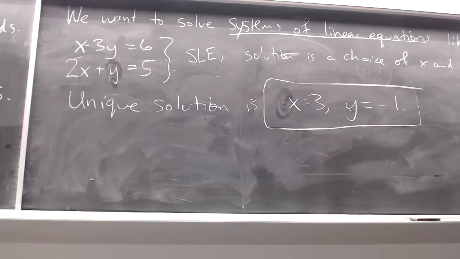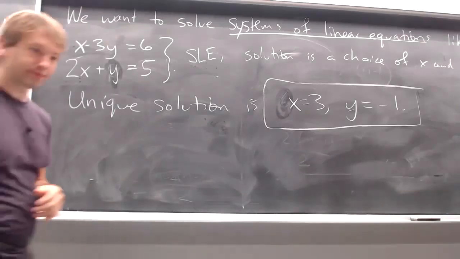And now you're talking about trying to draw in 3 dimensions, 4 dimensions, 5 dimensions, and good luck trying to do that. So just drawing the picture and trying to figure out the intersection is not really going to work. We want to come up with a systematic way of solving systems of equations without having to draw the picture.